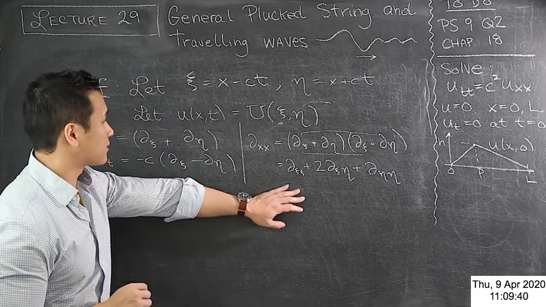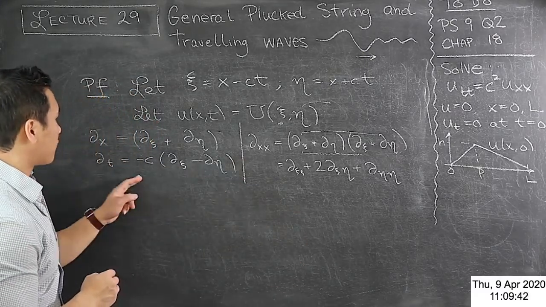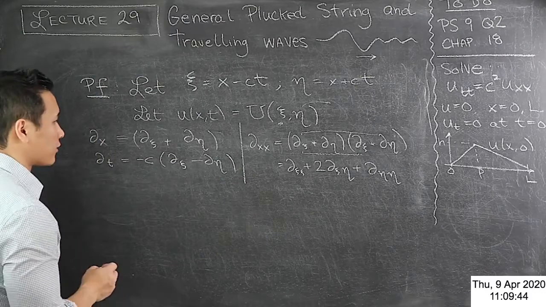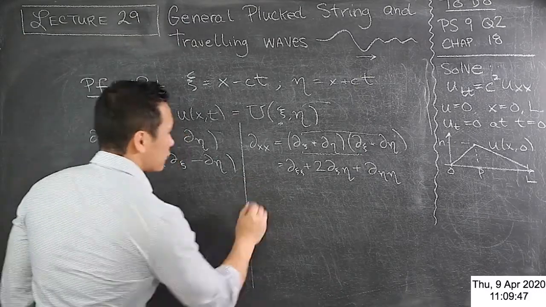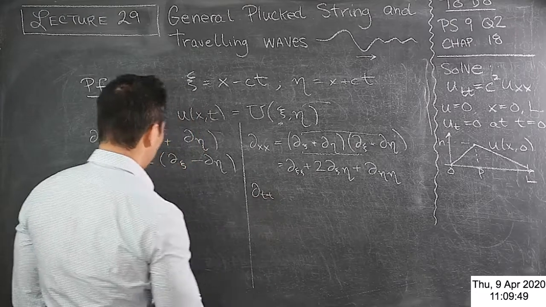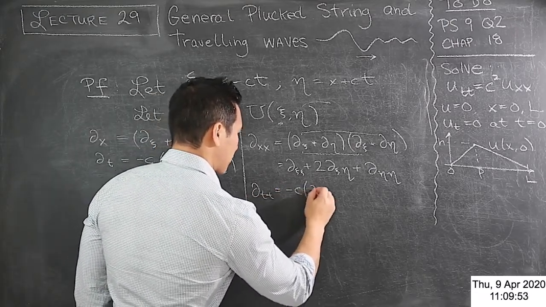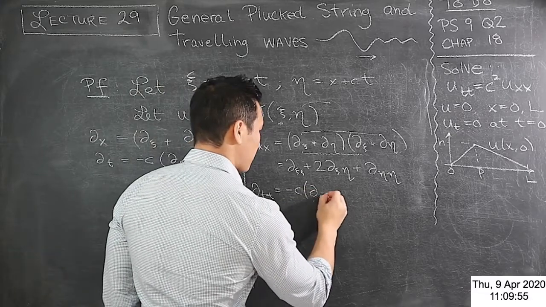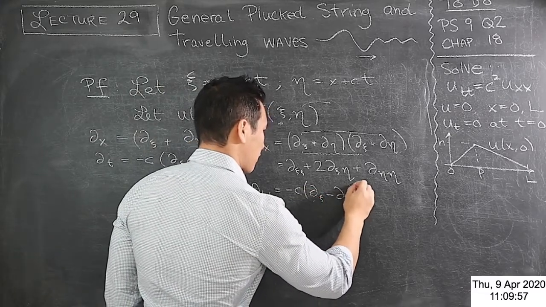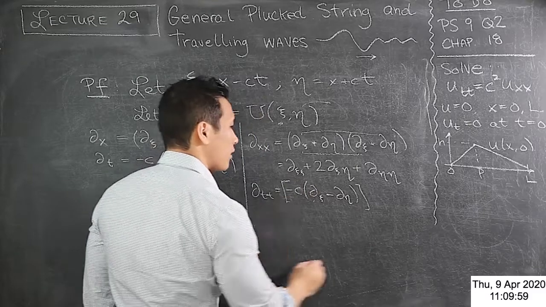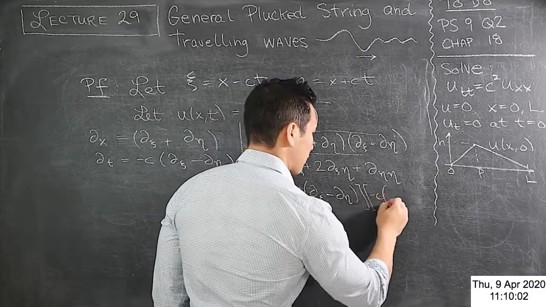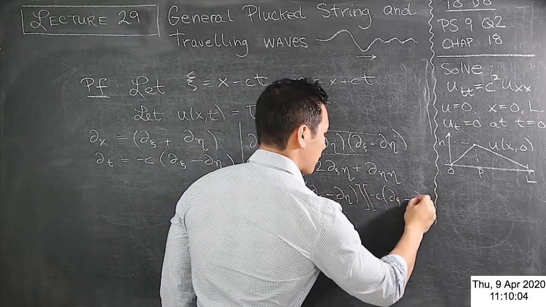Right. So the next thing is you have to take the two time derivatives. That's a tt here. And again, you just stack them next to each other. This is a minus c dc minus d eta, and then a minus c dc minus d eta.